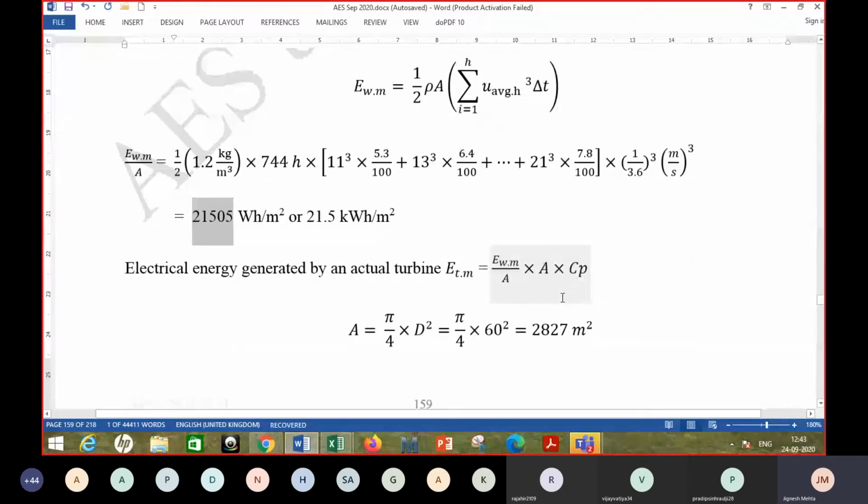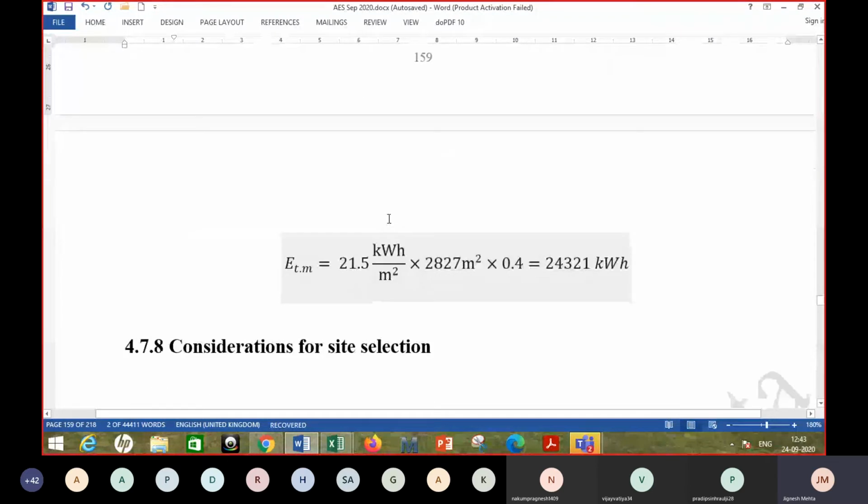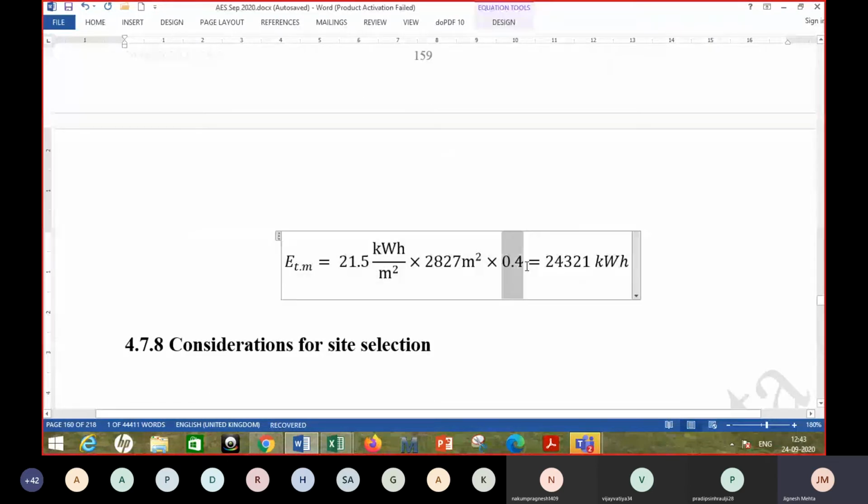Now, if you are putting up a turbine with a rotor diameter of 60, then the area will be 2827 meters square, and your CP is, let's say, 0.4. So in the month of March with this turbine, how much energy will you be producing? That is 21.5 kilowatt hour per meter square multiplied by the area and the coefficient of power.